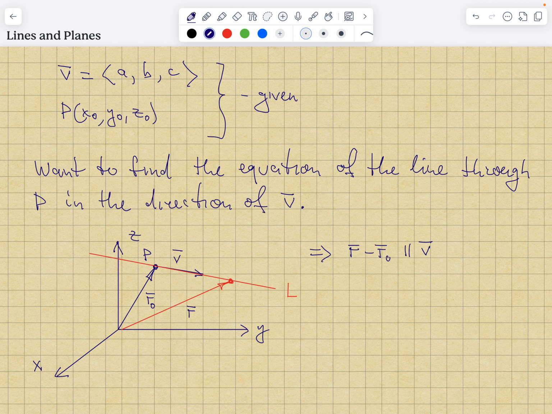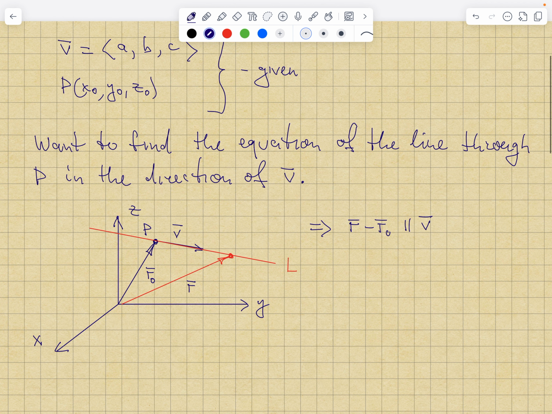And that means that R minus R0 is equal to some scalar t times v. So t is a scalar, right, because given any two parallel vectors, I can always write one vector as a scalar multiple of another vector.